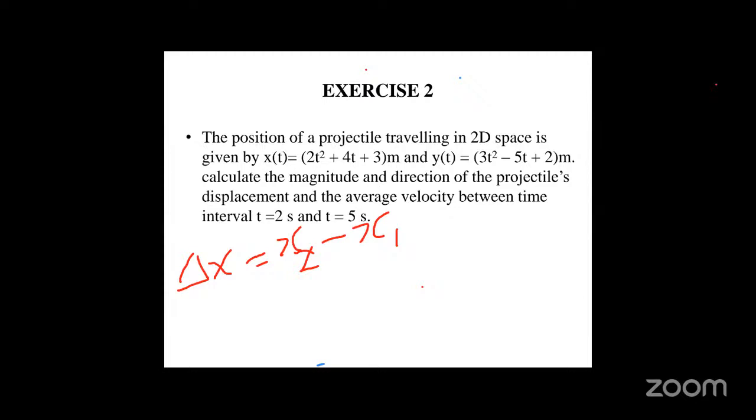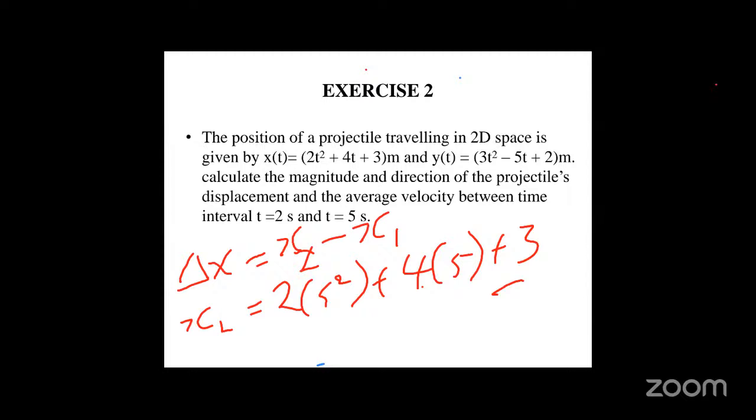So what is x of 2? The displacement at time 2, and time 2 is 5 seconds. So x of 2 is equal to 2 into 5 squared plus 4 into 5 plus 3.